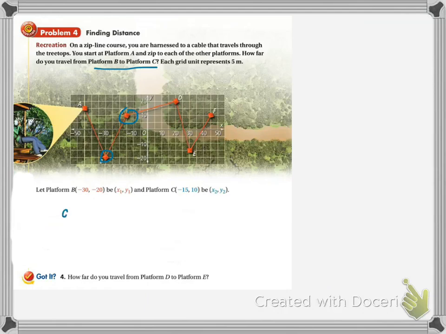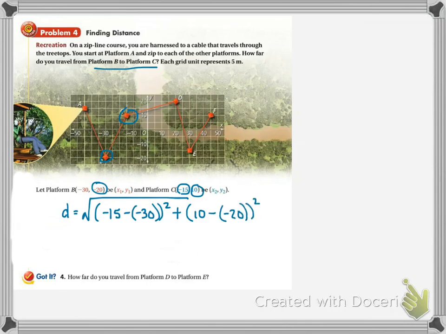So our distance equals the square root of x2, negative 15, minus x1, negative 30, squared, plus y2, which is 10, minus y1, negative 20, squared.